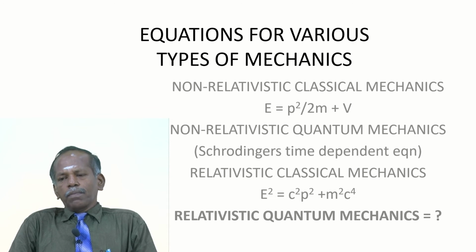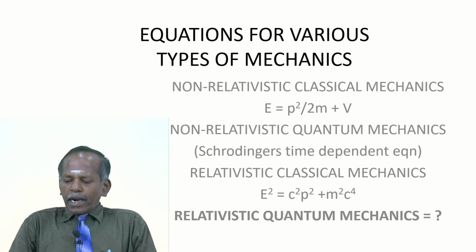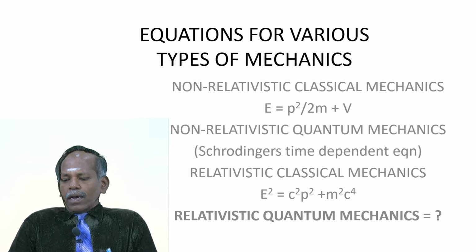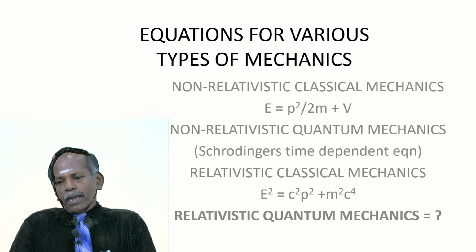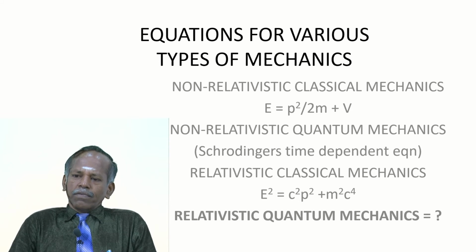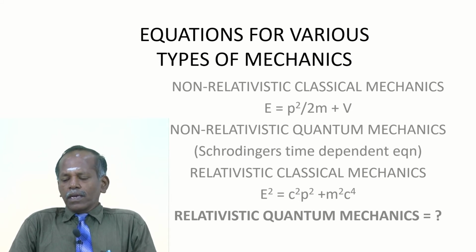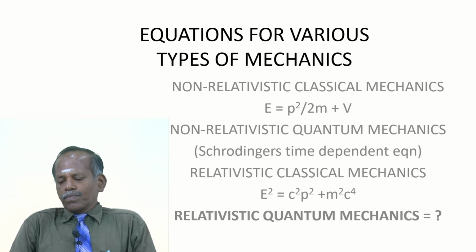These are the topics of interest in this session. So we are moving to relativistic quantum mechanics. Our main aim is to develop a valid equation for relativistic quantum mechanics. Of course, we are not deriving the equation, we are just seeing how the scientists have developed the equation and how they validate the equation. That is the session now.